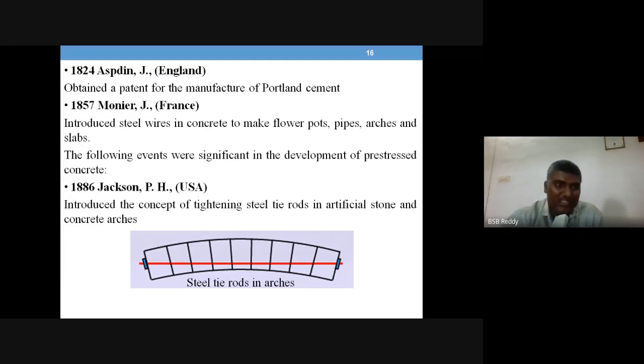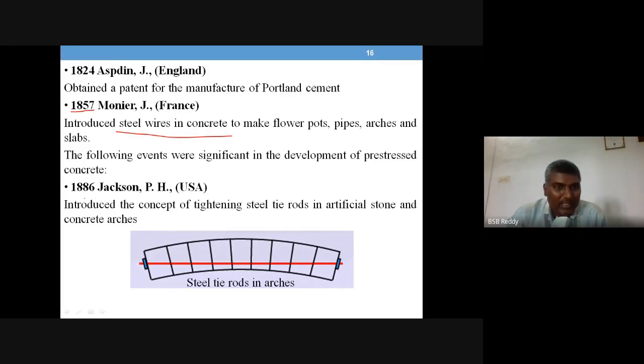Then in 1857, Monnier, a French engineer, introduced steel wires in concrete to make flower pots, pipes, arches, and slabs. Monnier is the first one who thought of introducing steel wires into concrete to make flower pots. Okay, so this is where the thought started.